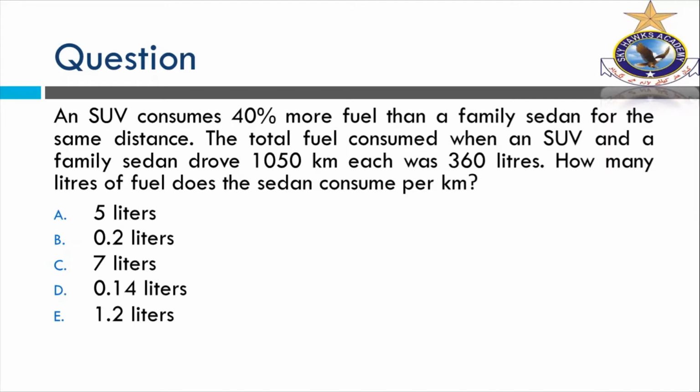So first you would find the liters per kilometer for the SUV, that is the rate, and then you would multiply that by 1.40, and then that would be the, oh wait, no, you would multiply by 0.60 because it's 40% less than the total of the SUV, and then you would get the answer.